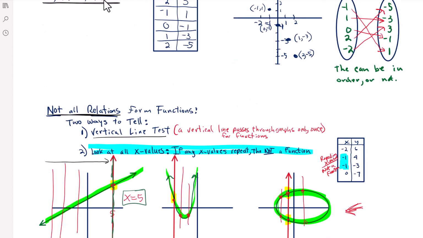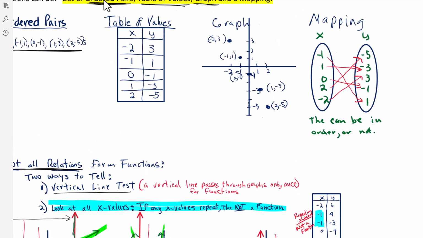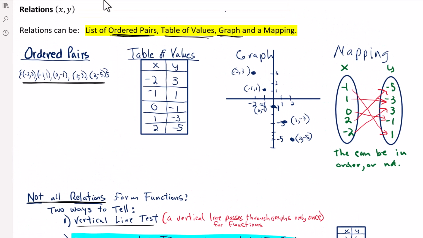Oh, I want to point out, you can also tell when things are not a function. This is really important. Can't believe I almost forgot this. You look at a table, or you look at the x values. If any of the x values are the same, it's not a function. In this case, all of the x values are different, so this is a function.